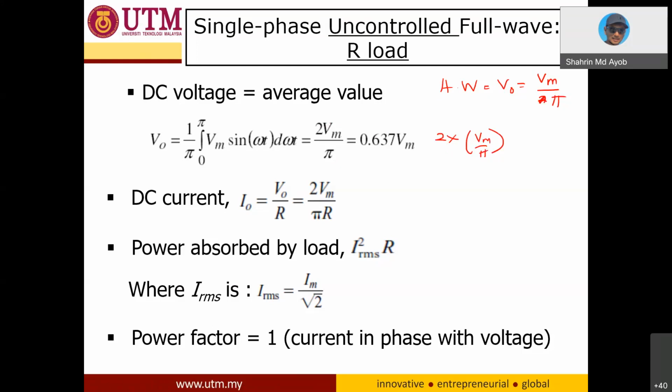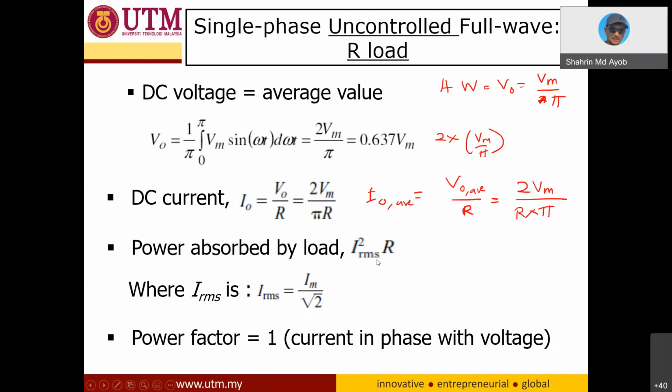Okay. And then for the DC current, since this is a resistor load, directly you can obtain your I output average, which equals V out average over the resistor, where V out average is 2 Vm over pi, divided by the resistor.